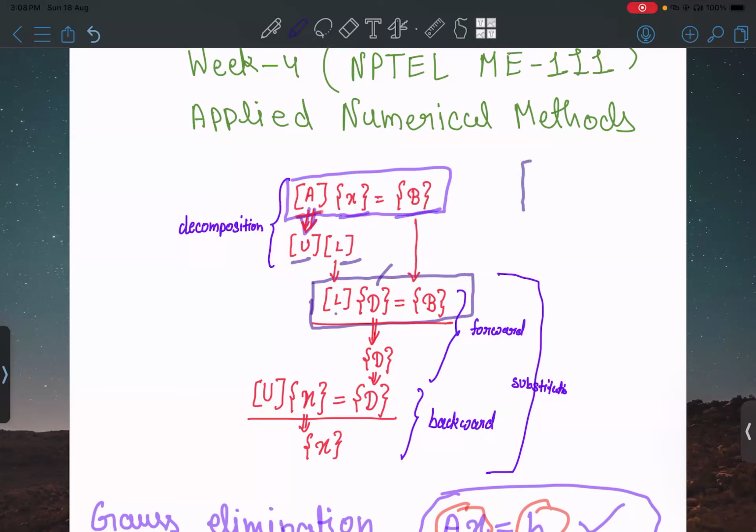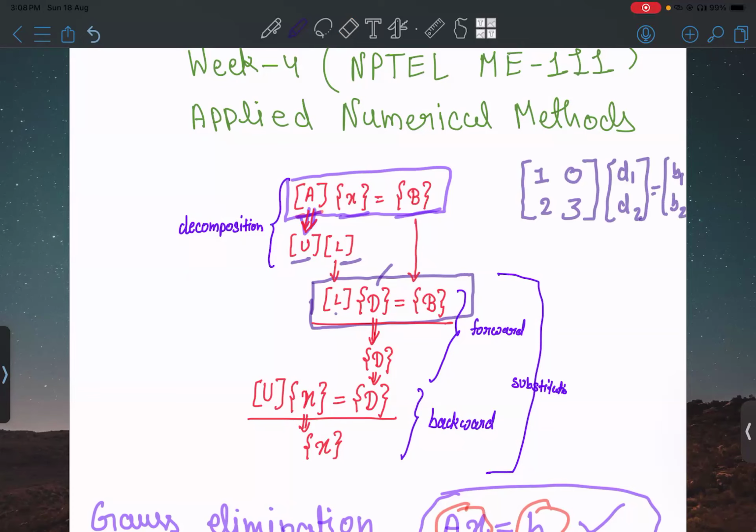Suppose we have an equation like that. I need to make a lower triangular matrix. Suppose 1, 2, 0, 3. This is a lower triangular matrix. Suppose I have some D1 and some D2, and this is equal to some B1 and some B2.